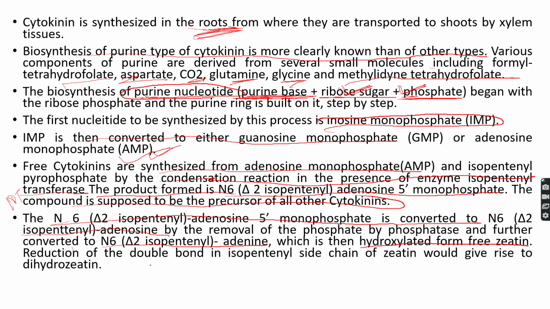So the reduction of the double bond in the isopentenyl side chain of zeatin would give rise to your dehydrozeatin, which is again an inactive cytokinin. So this is the whole process of biosynthesis of cytokinin.